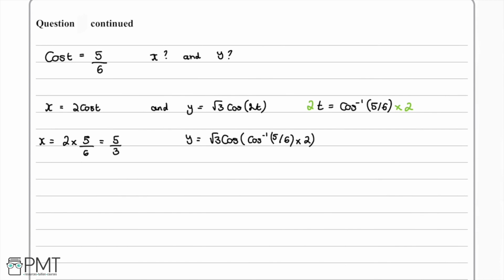And then putting this into a calculator, this comes out as 7 root 3 divided by 18. So therefore, we now have the x coordinates and the y coordinates of our point Q, and we can conclude that Q has the following coordinates: 5 over 3 for the x coordinate and 7 over 18 root 3 for the y coordinate, and therefore we've completed the question.